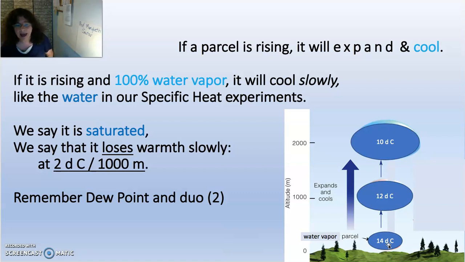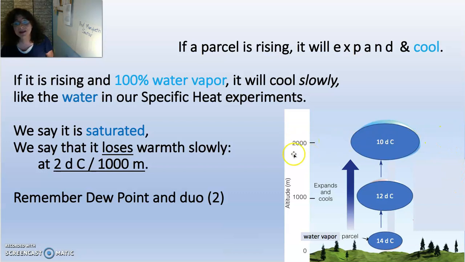So let's take a look at it. We started here at 14 degrees Celsius at the dew point. Go up 1,000 meters, minus 2 degrees Celsius, 12 degrees Celsius. Go up 2,000 meters, another 2 degrees Celsius off, we get to 10 degrees Celsius. On the other hand, you saw that the dry adiabatic lapse rate started at 30, lost 10 degrees Celsius to 20, lost 10 degrees Celsius to 10.